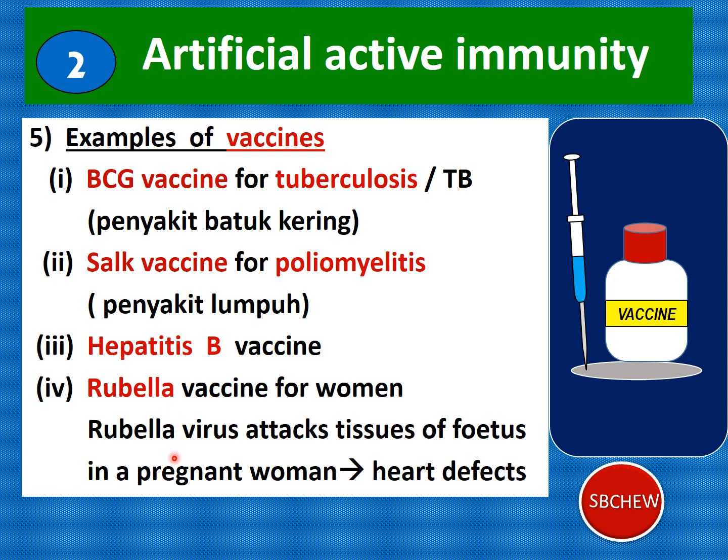But if a pregnant woman were to get rubella or suffer from this disease, the rubella virus can attack the young tissues of the fetus and cause many problems in the fetus like heart defects. And this is why women should be protected from the rubella virus by getting the rubella vaccine so that they can have immunity against the rubella virus.